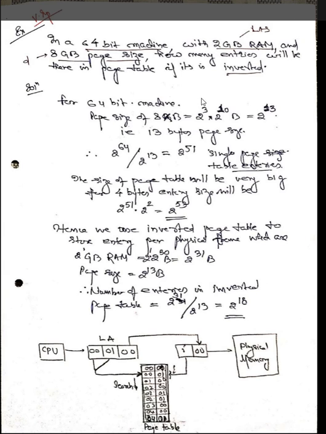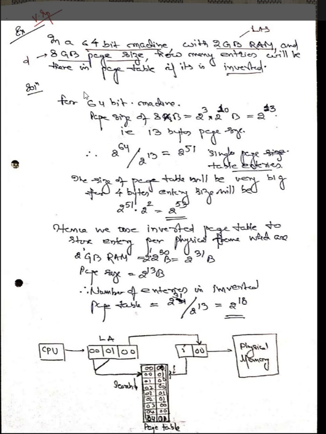So 64 means 2 to the power of 64; the 64 bit is already given. Now coming to the 8 KB page size. Sorry, this is not GB, this is KB.